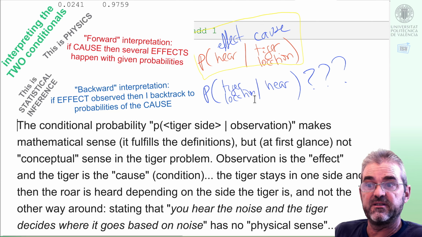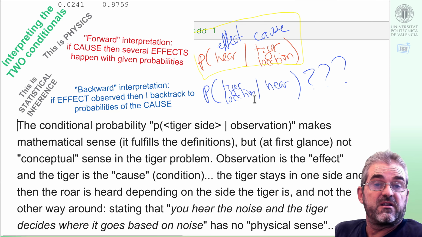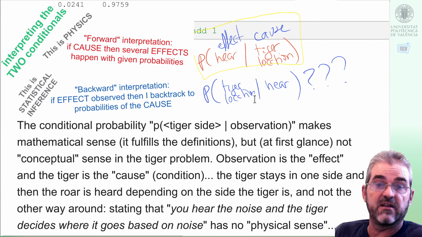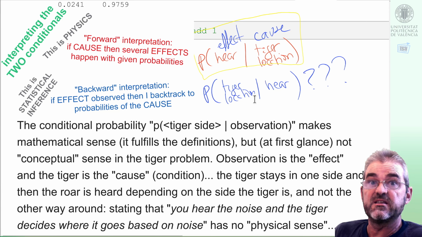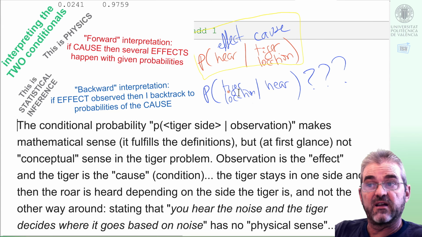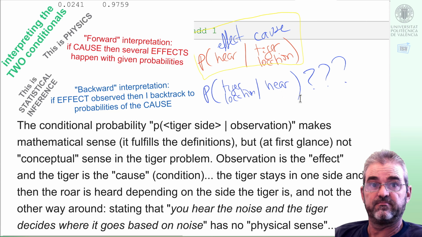My zookeeper will first think that the tiger may be half right, left, who knows, and then after listening to a couple of roars on the right-hand side door, he will change his belief, and then he will think that the tiger must actually be at the right. So this change of my credence on the tiger location based on what I hear will make use of this second conditional probability for estimation and decision.